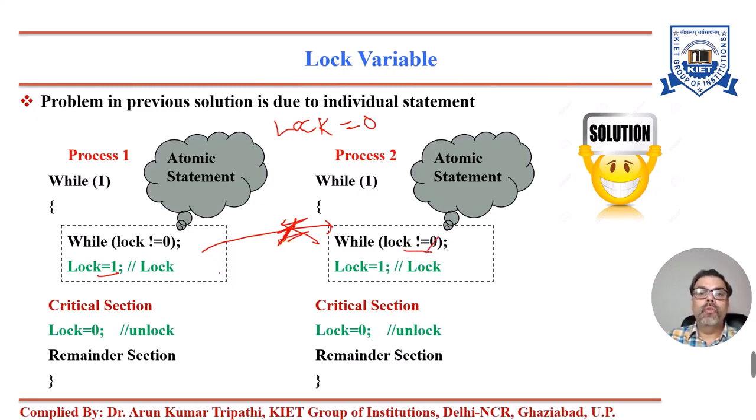Lock value is 1. 1 is not equal to 0, so the condition becomes true and it will wait in the infinite loop. Thus, this solution allows only one process to enter into the critical section. That means it satisfies the condition of mutual exclusion. No two or more processes can enter into the critical section simultaneously.